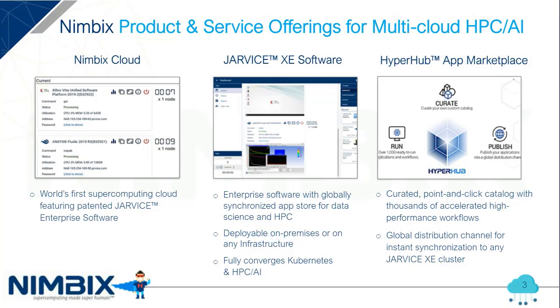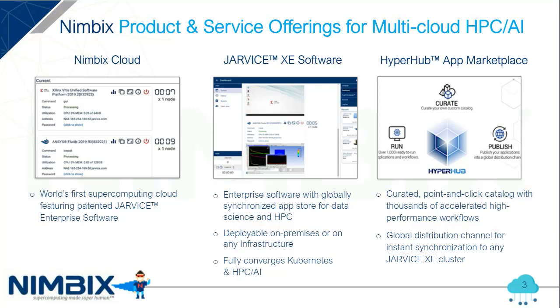There are 3 main offerings that Nimbix has. The first is our cloud, which is accessible from any device, which we will show you. It was the world's first supercomputing cloud offering. We also have Jarvis XE, a wonderful tool that enables people to work in multi-cloud and manage clusters.